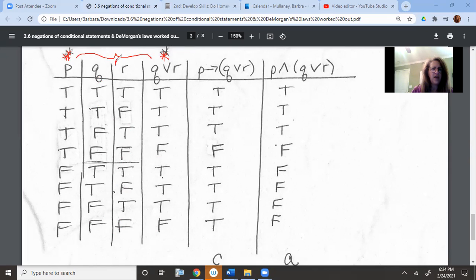So what do we know about an and statement? It's true only when P is true and Q or R is true.